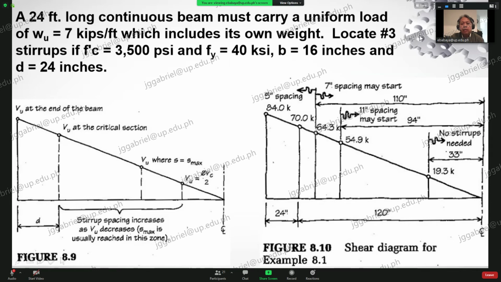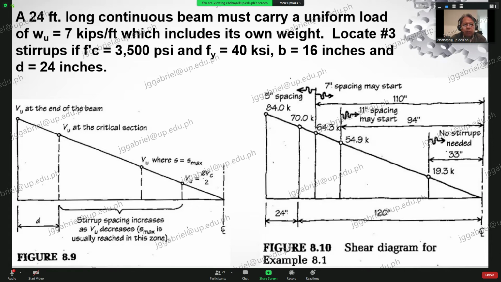Now, it says locate number 3 stirrups. So you have number 3 stirrups that will be used. And f'c is equal to 3,500 psi. Fy is equal to 40 ksi. b is 16 inches and d is 24 inches. Now, if you form the shear and moment diagram, what's the length of the beam? 24.